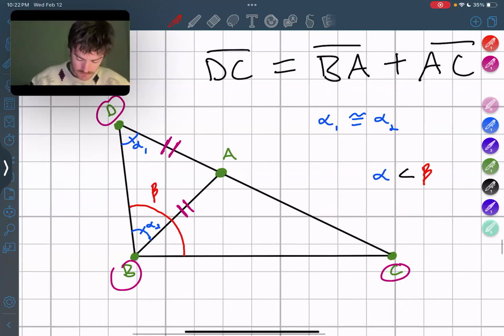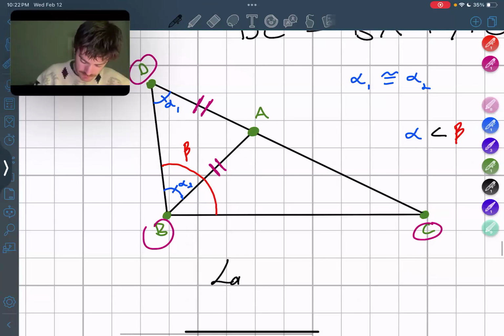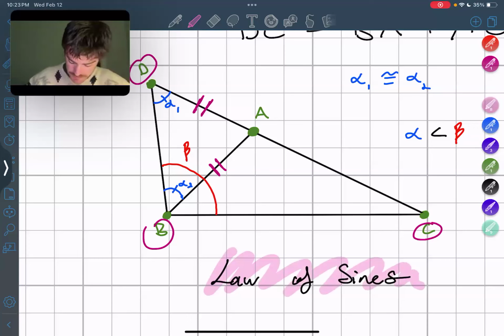All right, well, what does this really tell us? Well, we then have to go to the law of sines. The law of sines tells us that the corresponding side to an angle is proportional to the size of the angle.